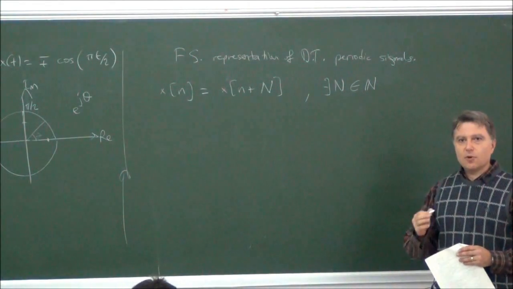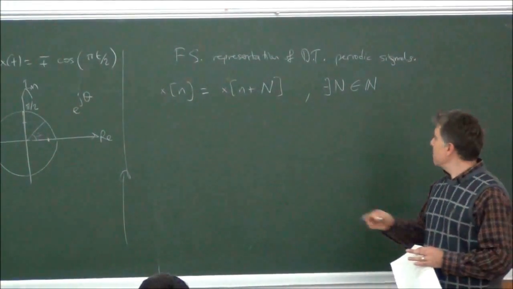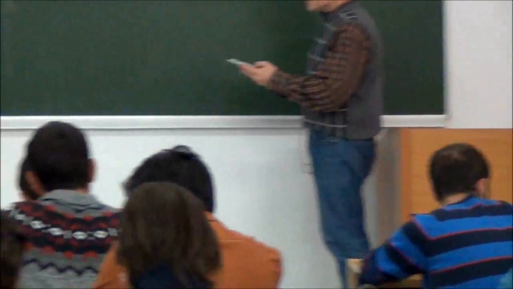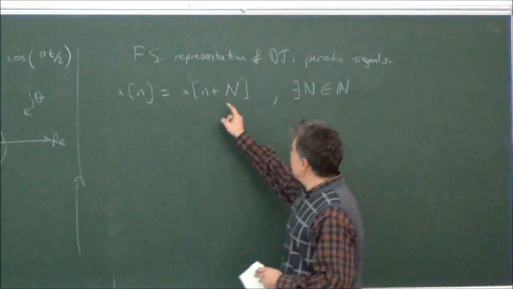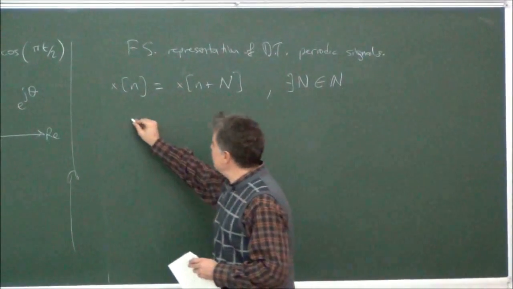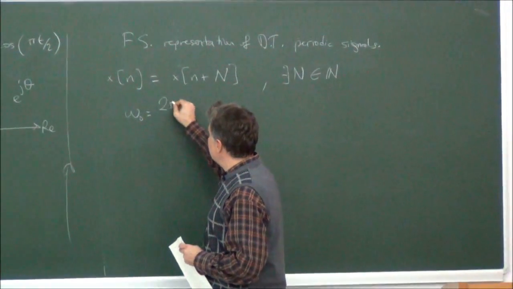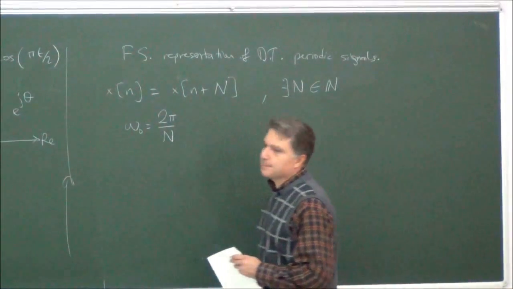Therefore, the period of a periodic discrete time signal must be an integer. That's a difference between this one and the continuous time case. One other difference is this. If the period is capital N, then the fundamental frequency that we're talking about is 2 pi over capital N.